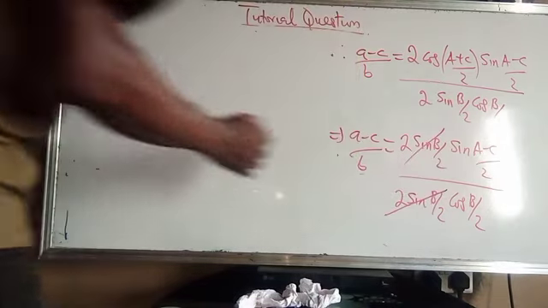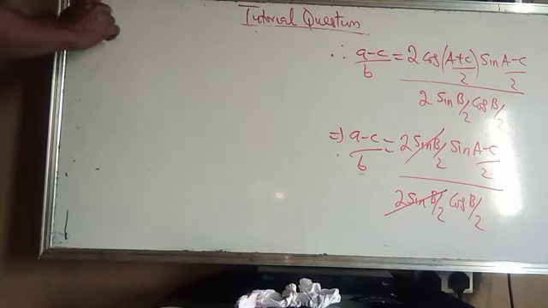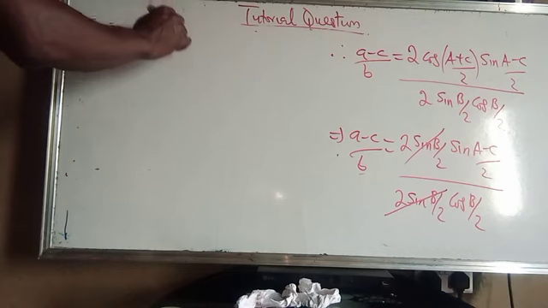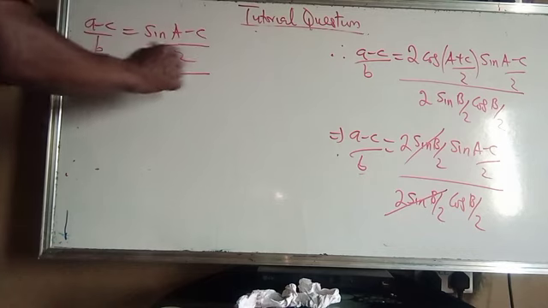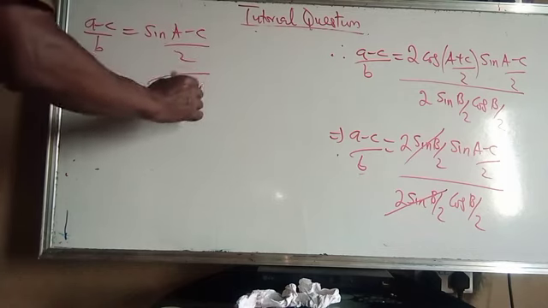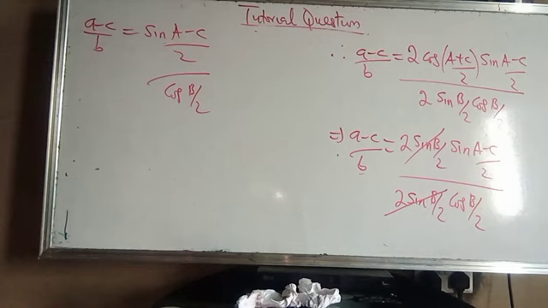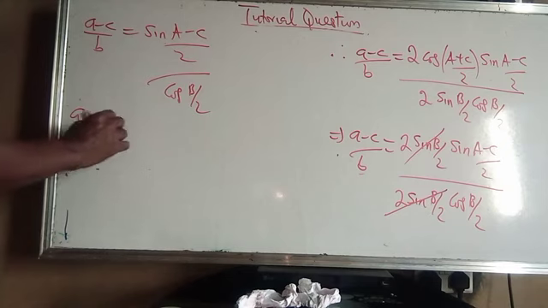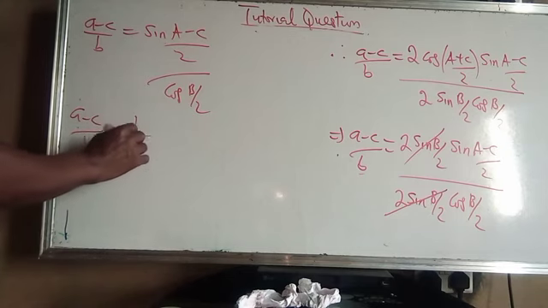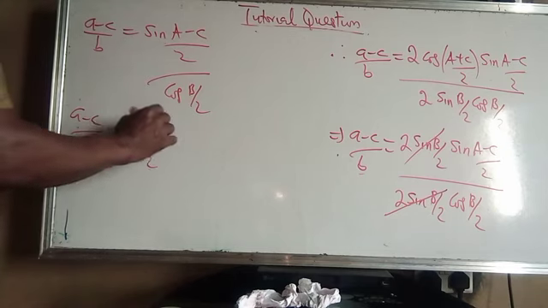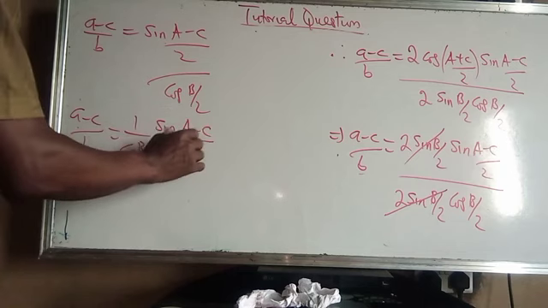So in this case, this will cancel this. We now have (A minus C) all over B equal to sine (A minus C) all over 2 all over cos B all over 2. We can write it as (A minus C) all over B equal to 1 all over cos B all over 2 times sine (A minus C) all over 2.